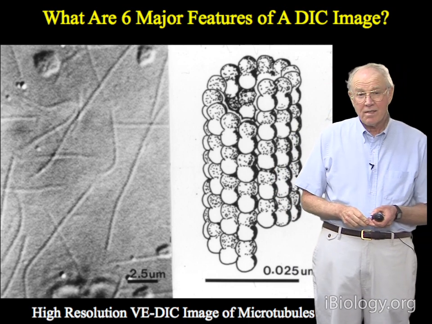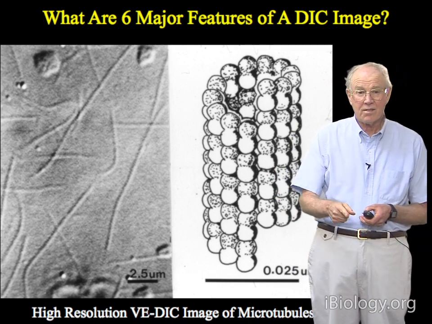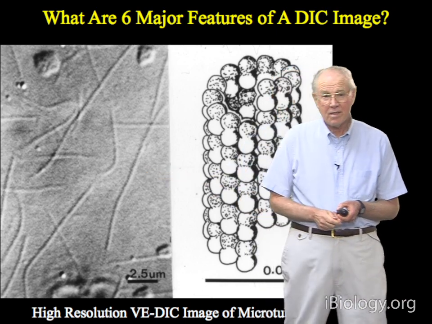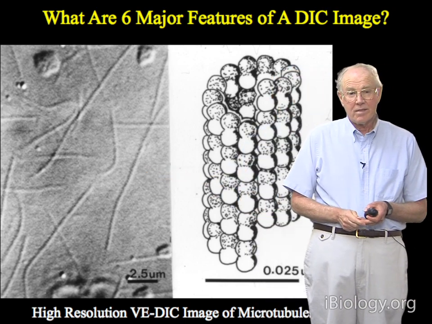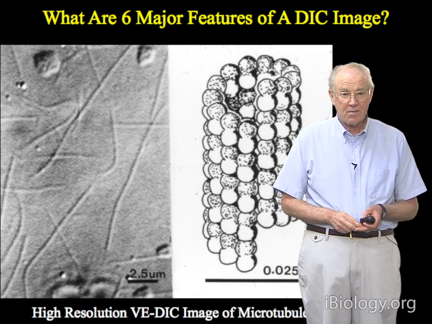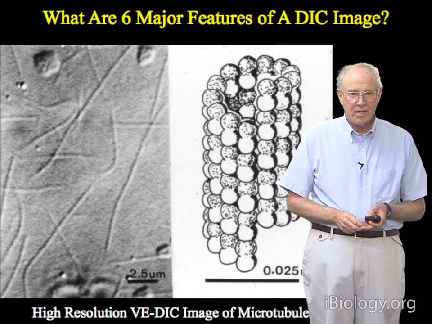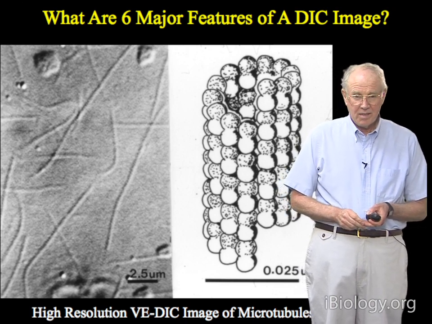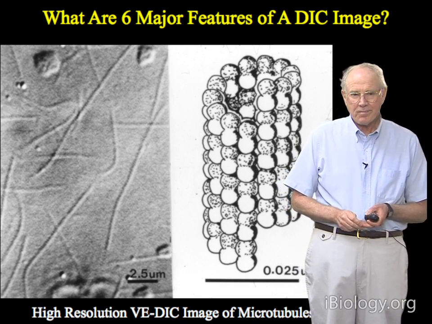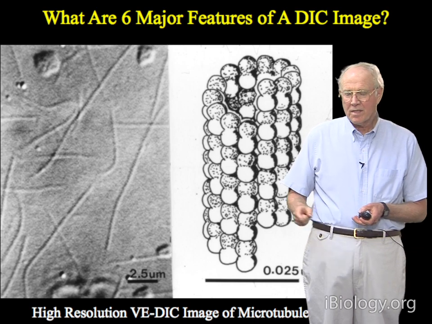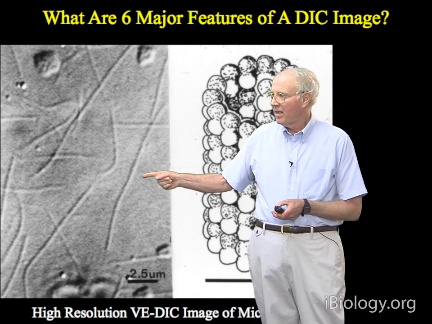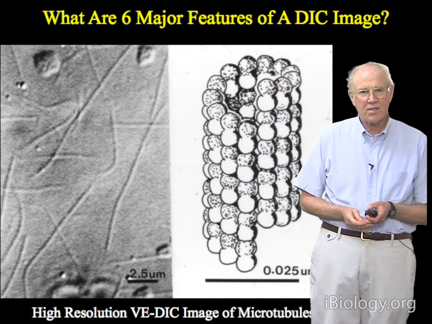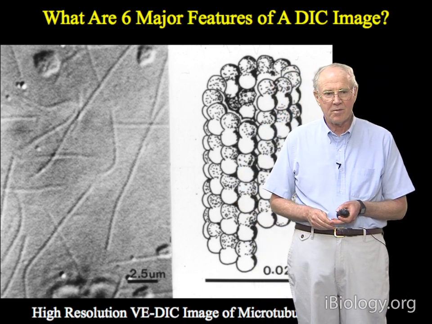And those microtubules here are held on the surface of a glass cover slip by the motor protein kinesin that my host Ron Vale discovered with his colleagues, using video-enhanced DIC microscopy in the middle 1980s. And this image is highly magnified, and as a consequence, it's a good one to ask about what the major features are of a DIC image.